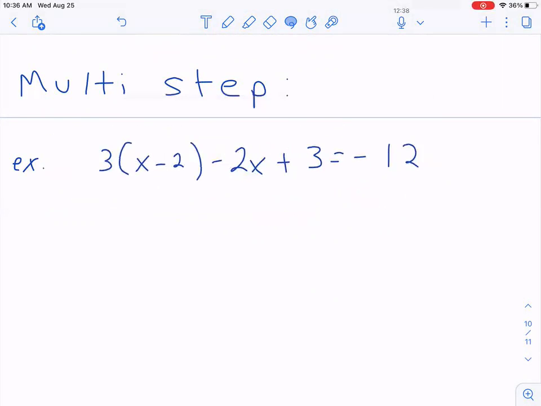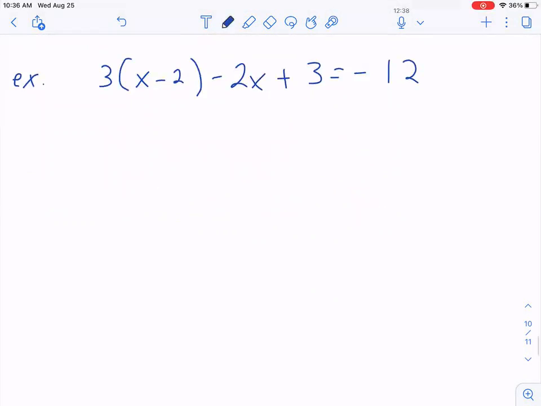Move that over a little bit. All right, so we're going to follow the same things that we did before.